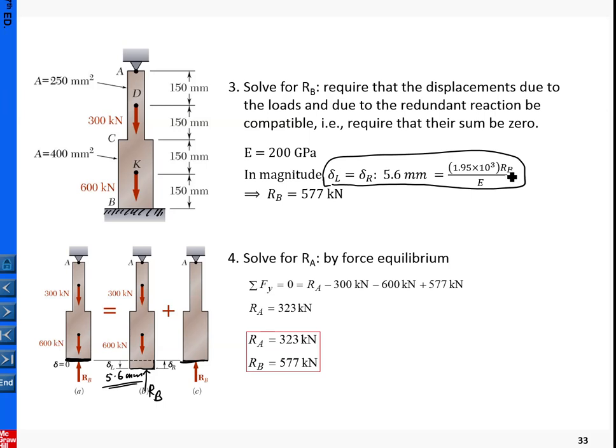Okay, so that is the formulation of this equation here. So from here you can solve for RB equal to this, and then using the equilibrium equation in the vertical direction, RA plus RB equal to 900, then you can determine RA. Okay, so that is the solution for this.